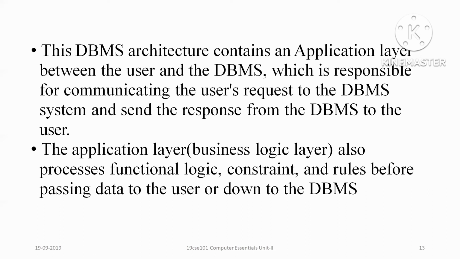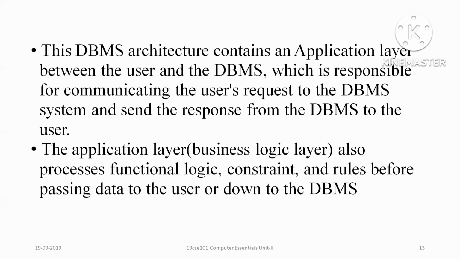When data is passed from the user down to the DBMS, DBMS meaning database management system, the application layer, that is the business logic layer, handles functional logic, requirements and guidelines. Understood about three-tier architecture?